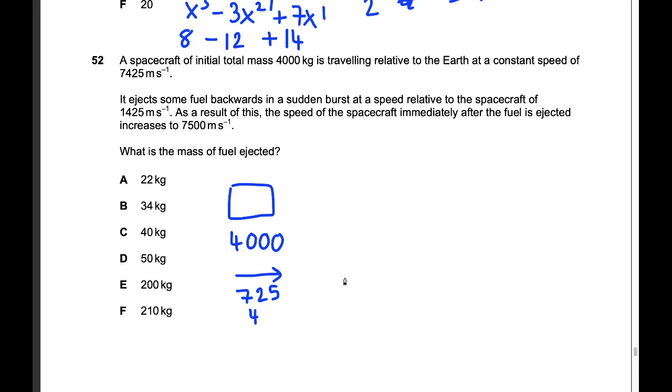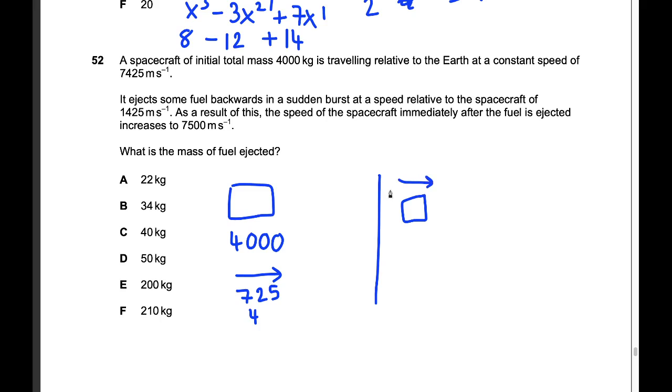And then afterwards, you've ejected this mass out the back, and it says that it's moving at a speed backwards of 1,425, but relative to the ship. So that means they shot it out the back, and relative to someone on the ship, they would see it move away from them at 1,425, but relative to somebody on the Earth, you would see it still move forward.